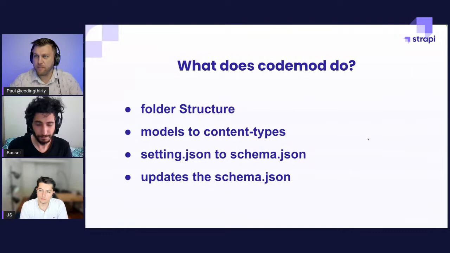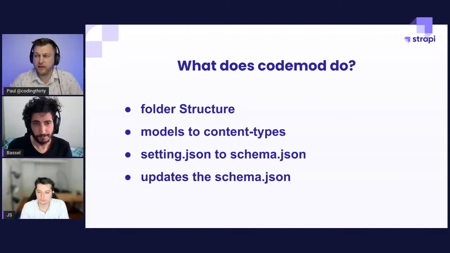And so Basel already mentioned, but what does codemod do? It literally makes your job and life way easier, because it changes the folder structure from V3 to V4. It updates models to content types, settings JSON to schemas. And for me, the biggest time saver is that it updates all of your schema JSON files.